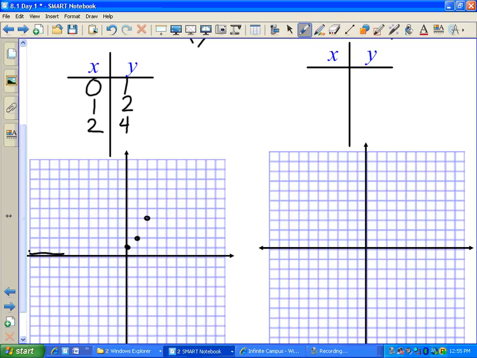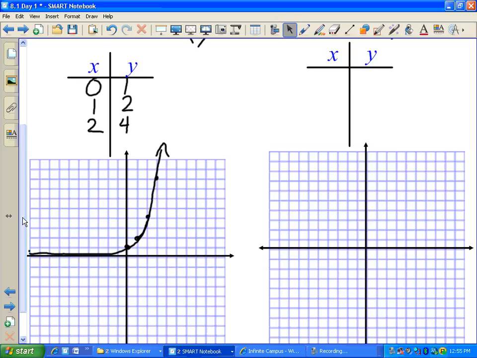It starts really, really close to the x-axis, and it grows gradually, and it hits three points, and then it grows a lot faster, a lot quicker after it crosses 0, the y-intercept.